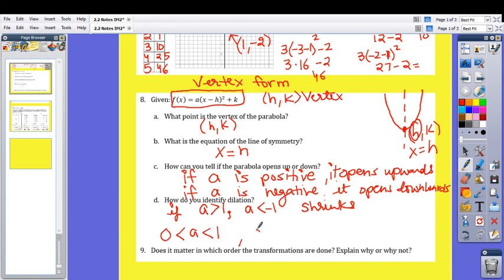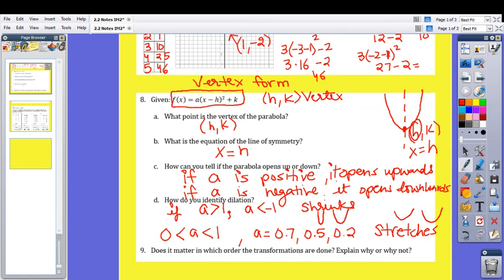That means a values are something like 0.7, 0.5, 0.2, things like that. When it's 0 point something, in those cases it stretches. Okay. So, the parabola looks like this. For shrinking, it will look narrower. So, something like these. Okay.